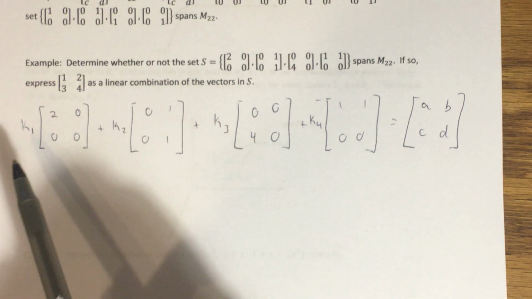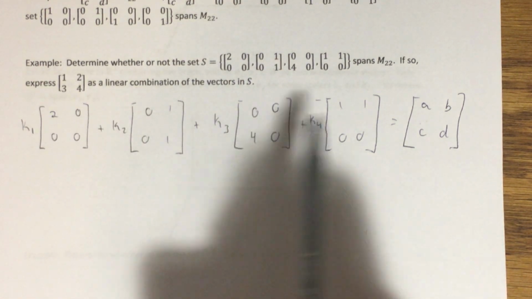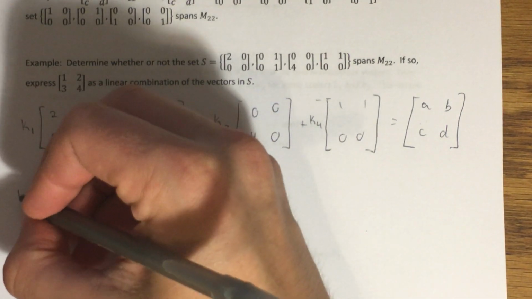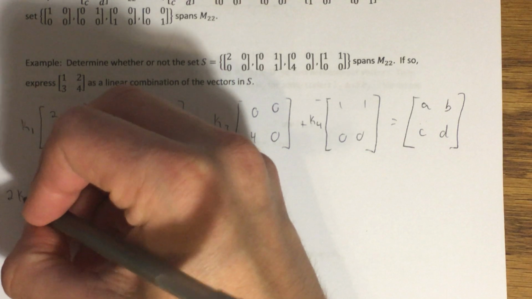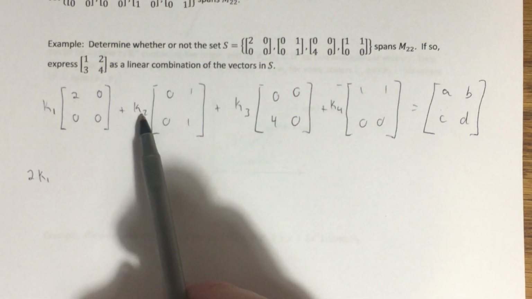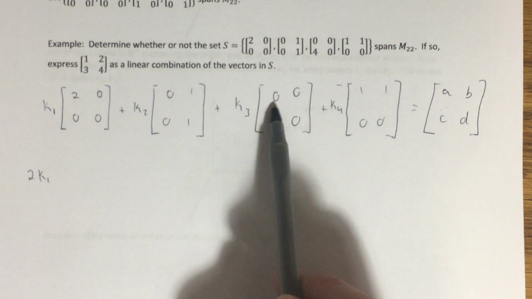of linear equations. So if I focus on just the first entry here, notice the first entry here after multiplying the K1 in is going to be 2K1. And then I'm going to add to that a 0. And then I'm going to add to that another 0.